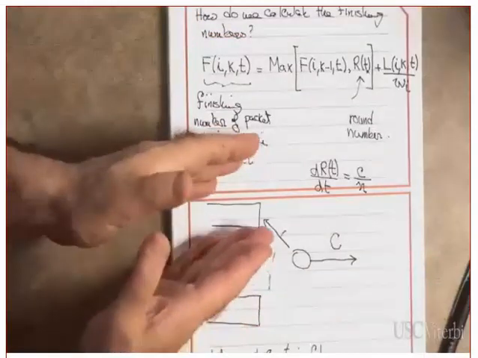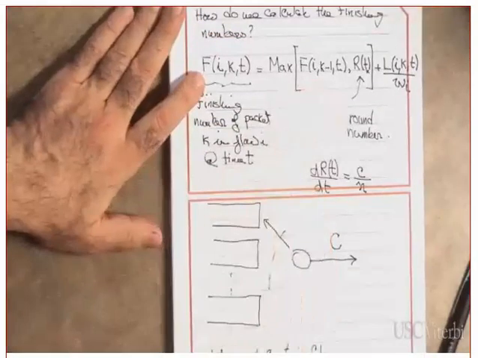What is F A1? First of all, I'm sorry. What does F A1 mean? It's the finishing number of packet 1 in flow A. What is the beginning? When did he come? At t equals 0. What was the round number? 0. What is the length of this guy? 1. What is the capacity?